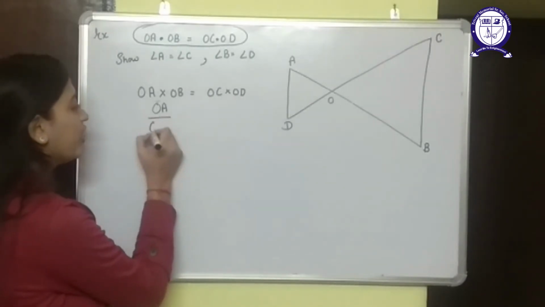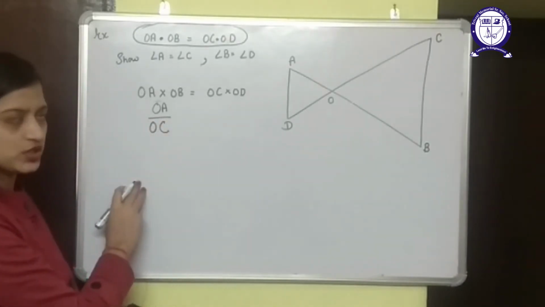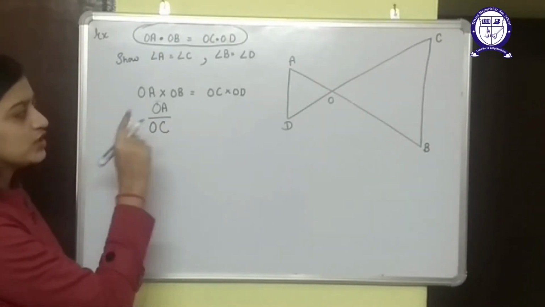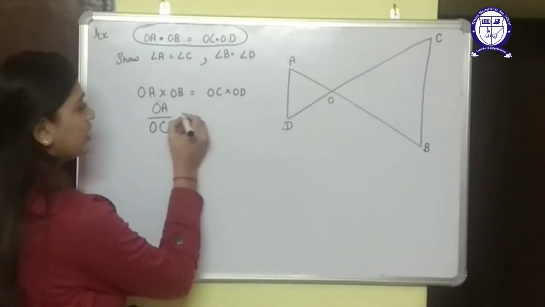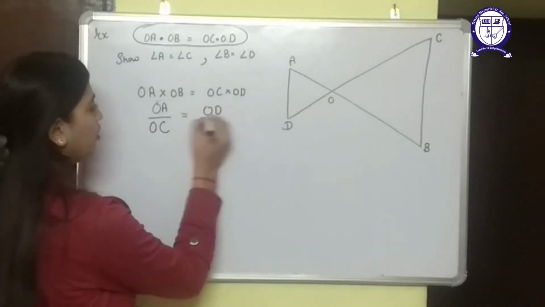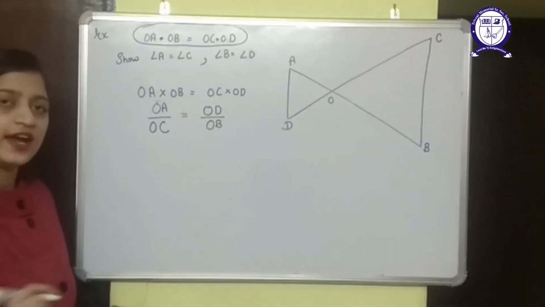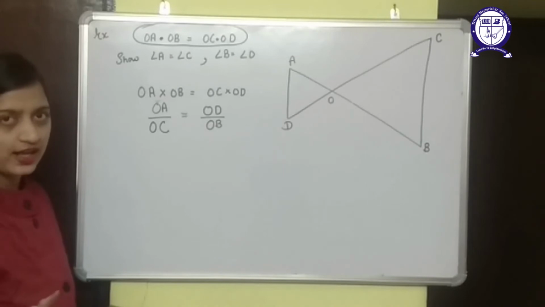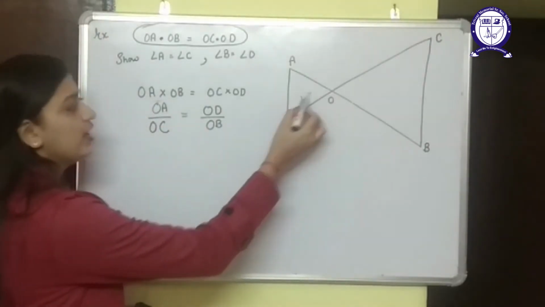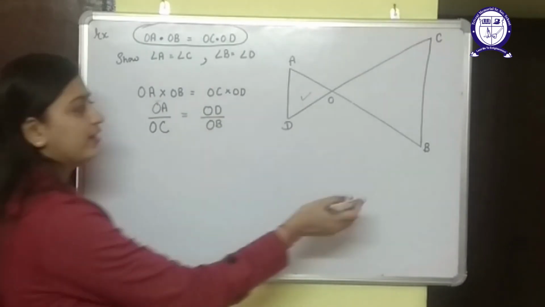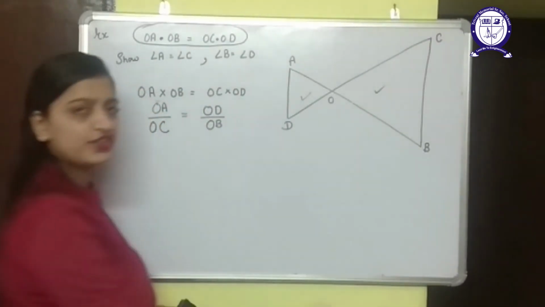So instead of OD, I will take OC. Now OA and OC are the sides of two different triangles. Similarly, here I can write OD upon OB. These are also the sides of two different triangles, and you can see in the numerator I have the sides of this triangle, and in the denominator I have the sides of this triangle.